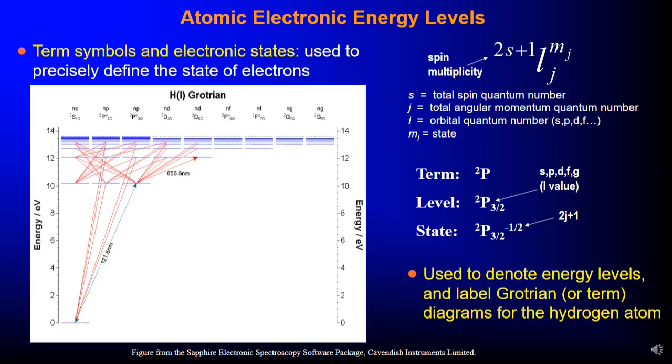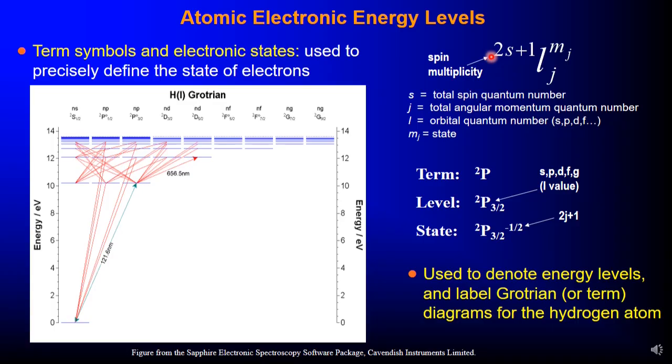So that leads us to what we call term symbols, because when we are talking of an excited state, it means there are transitions. These transitions are governed by some rules, what we call the term symbols and electronic states. They are used to precisely define the state of electrons. So those are some of the terms that you see here. This is what we call spin multiplicity, as you can see.